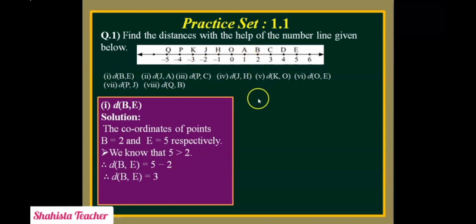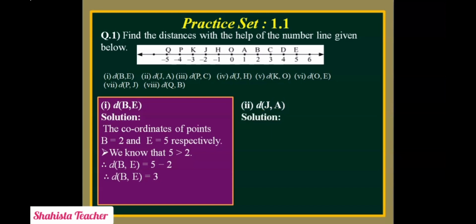So here we will write first the given. First we will write sub question 2: d comma j comma, distance of J coordinate and A coordinate, and close the bracket. Now here J coordinate is -2 and A coordinate is 1. So here we will write solution.